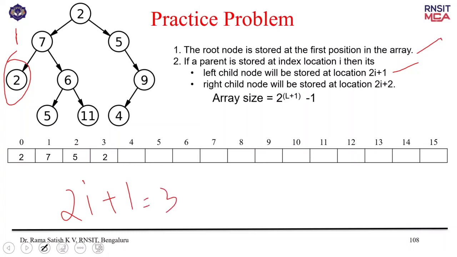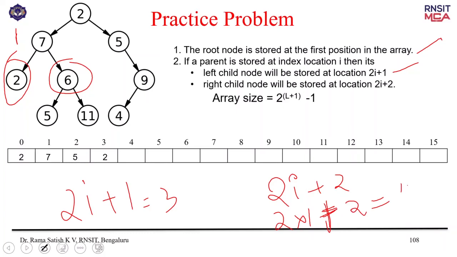Same way 6, so 2i plus 2. 6's parent is 7. 7's position is 1. So 2 into 1 is 2, 2 plus 2 is equal to 4. So in the fourth position you store 6.